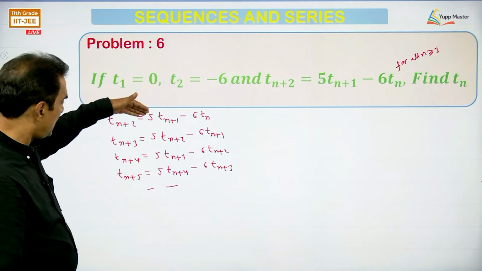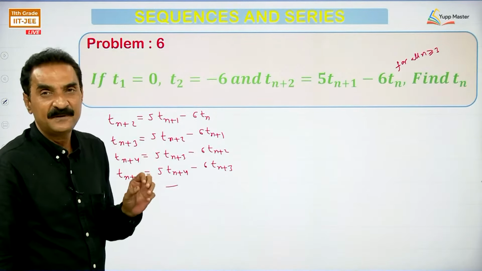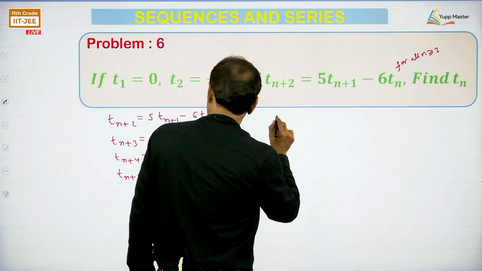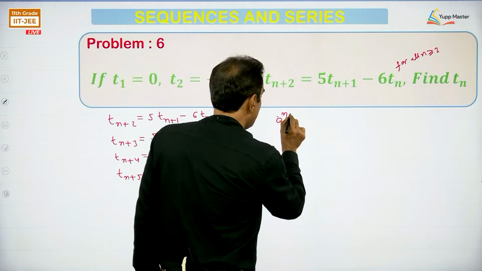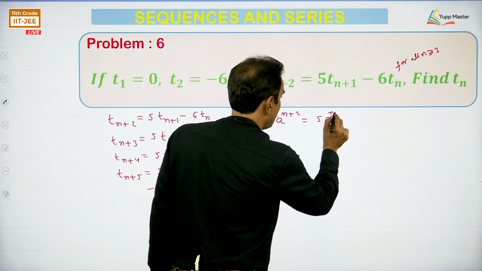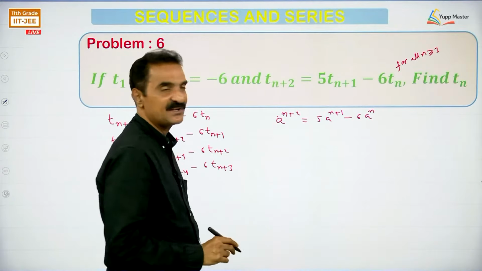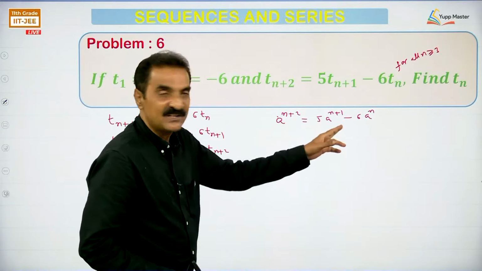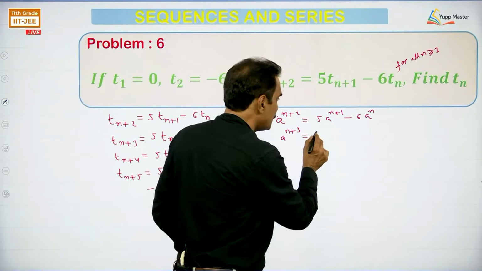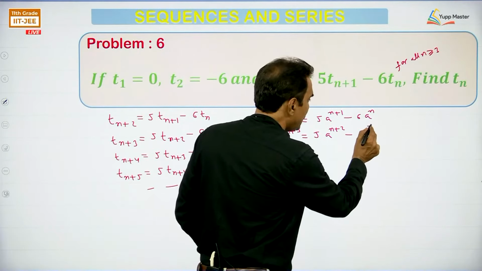Now, if you observe these relations, you can easily guess what kind of term Tn is. If you take a power n plus 2 is equal to 5 a power n plus 1 minus 6 a power n, if you consider this relation, multiplying both sides by a, it becomes a power n plus 3 is equal to 5 a power n plus 2 minus 6 a power n plus 1.